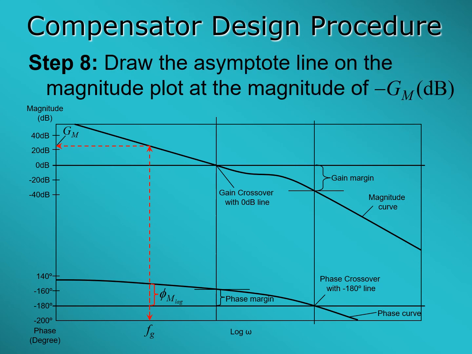Step number 8, draw the asymptote line on the magnitude plot at the magnitude of minus Gm. You need to draw this asymptote line, the blue dashed line, at minus Gm. Please put the negative sign, the opposite of the Gm produced previously.